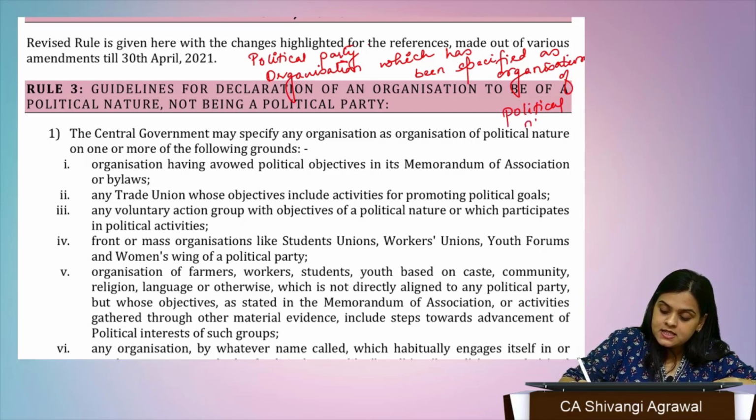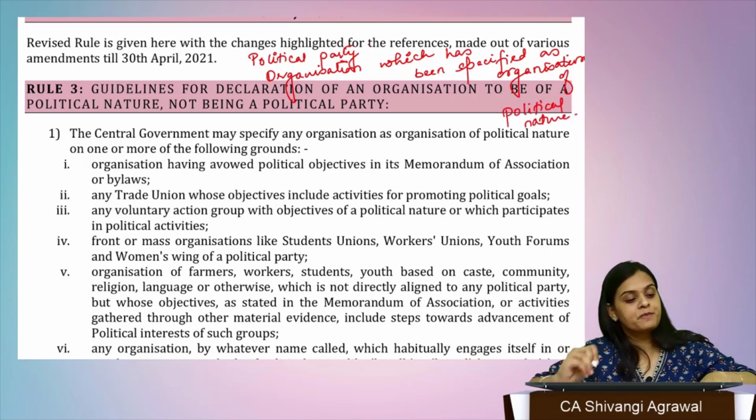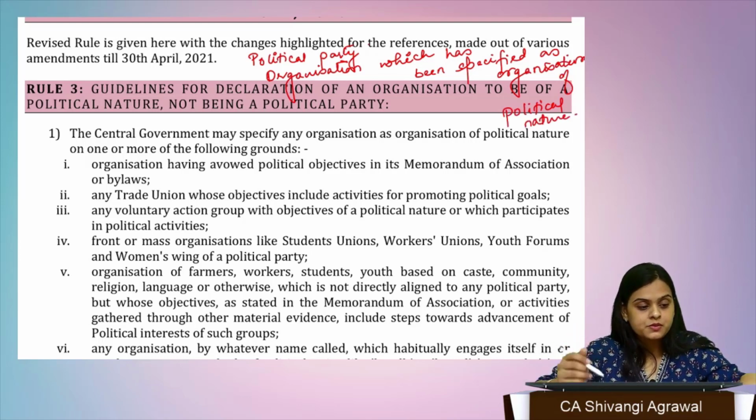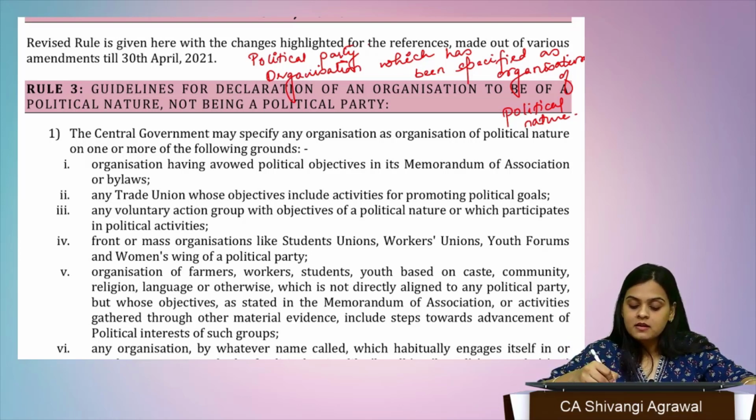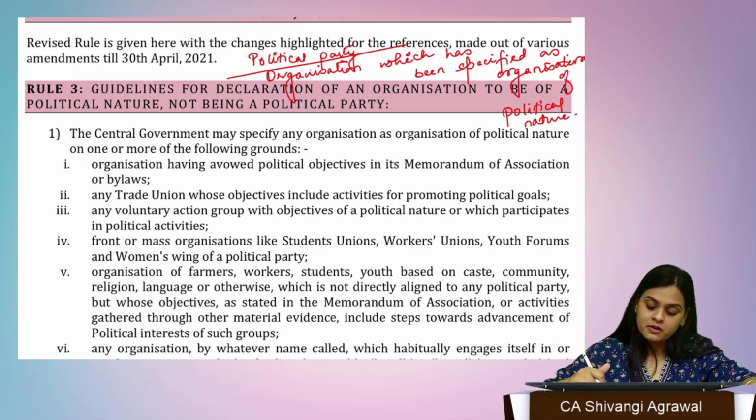So for this we switch to rules. Section 3 tells us that certain people are prohibited from receiving any foreign contribution, in which one such point is the political party organization. Okay, sorry, the organization which has been specified as an organization of political nature.